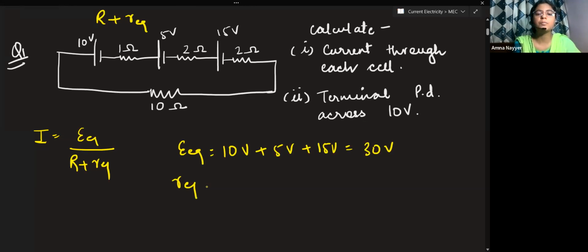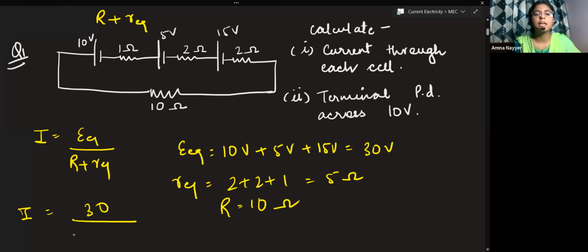Small r equivalent will be 2 plus 2 plus 1, which is 5 ohm. Capital R you already have as 10. So I equals 30 divided by 10 plus 5, 30 by 15, that is 2 amps. Here is the answer.